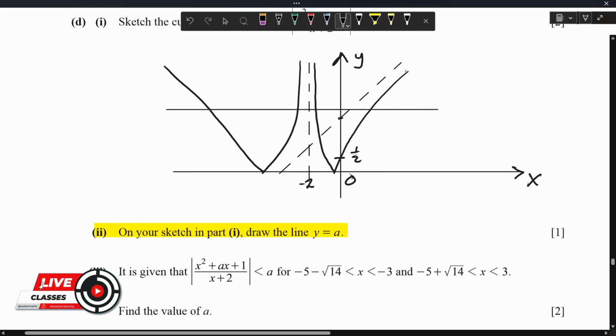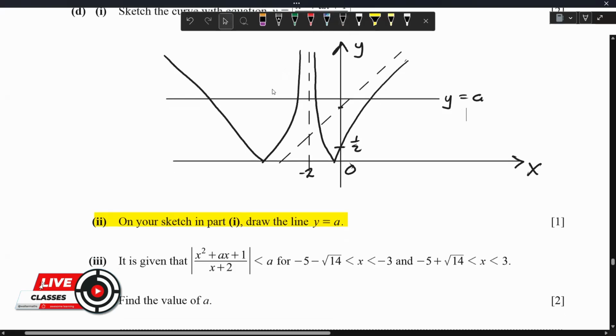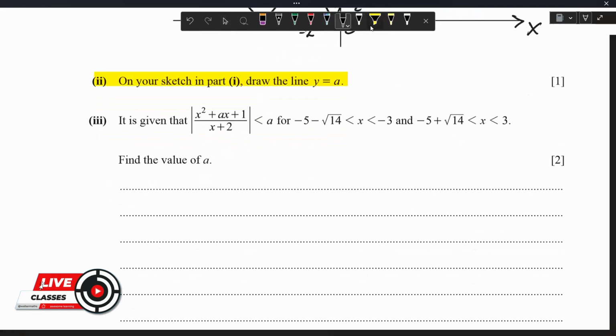So this here is the line y is equal to a that I've just drawn on the graph. Now, on part 3, they say it is given that the modulus of the function is less than a for these values. Find the value of a. All right.